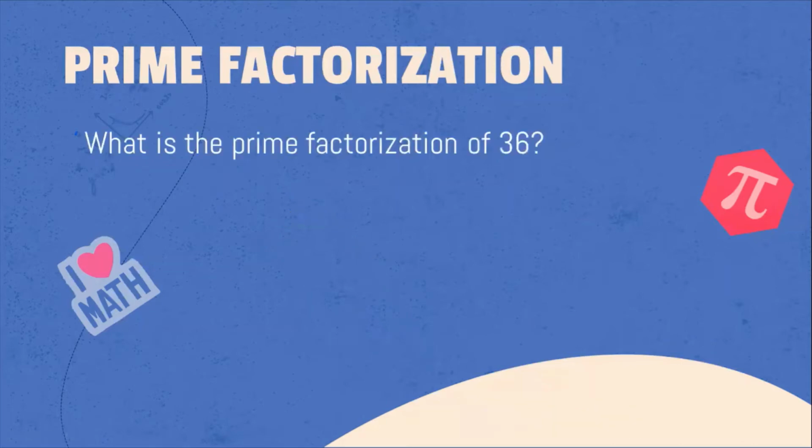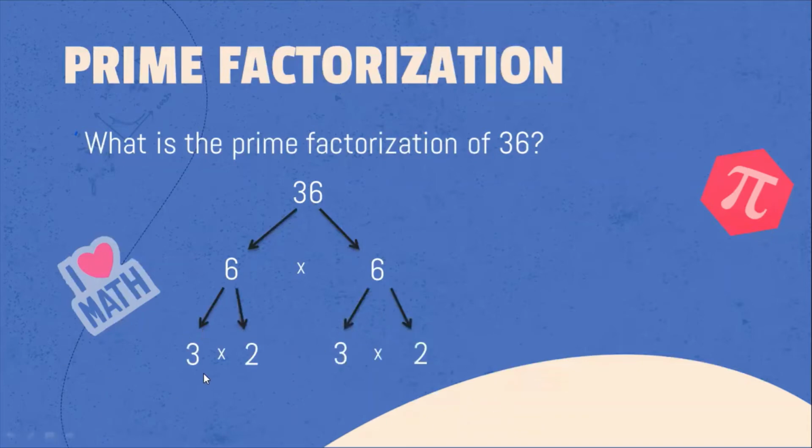Another example, what is the prime factorization of 36? Let's now try to find the factors of 36. We can write this one as 6 times 6, which is 36. 6 is a composite number because it has another factor aside from 6 and 1, and those are 3 times 2. 3 and 2 are prime numbers.